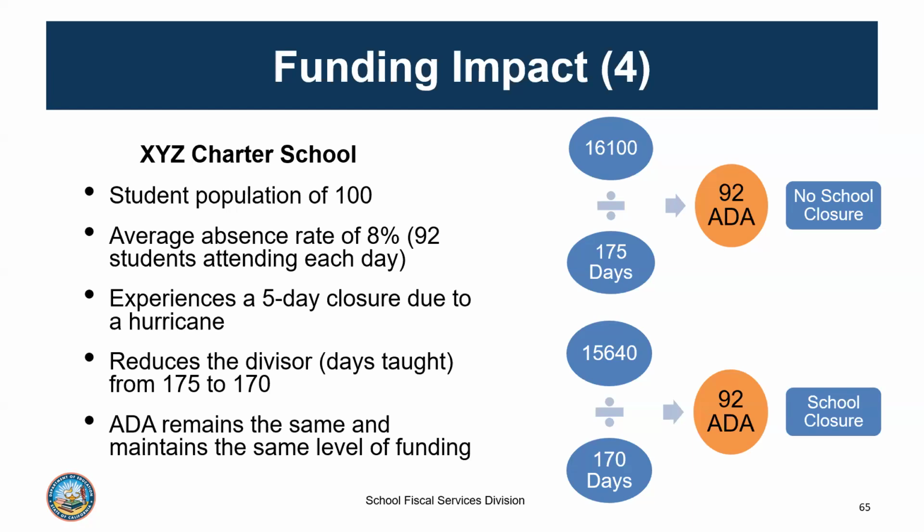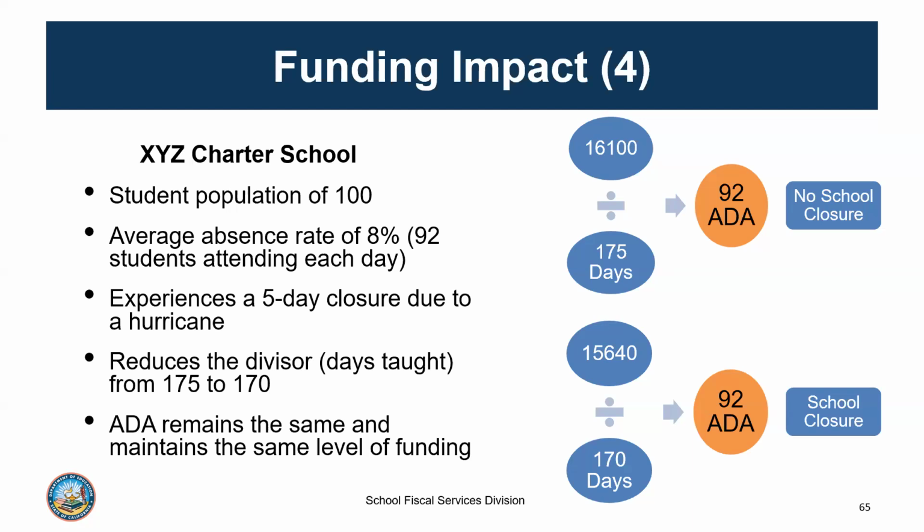Now, consider the impact of an emergency school closure. XYZ charter school experiences a 5-day closure due to a snowstorm. As required, the charter school reduces its divisor, the days taught, from 175 down to 170. The total days of student attendance must also reflect the reduced number of instructional days.